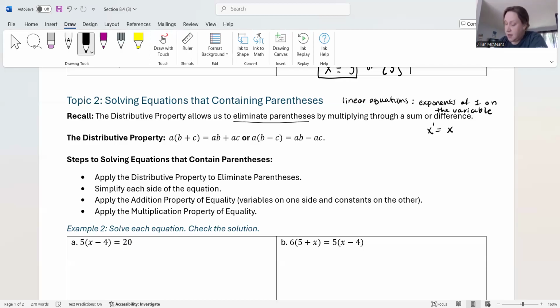So we could take this A, multiply it by B, take the same A, multiply it by C. So A times B plus C in parentheses is the same thing as just A times B plus A times C. And then over here, I'm just saying, hey, the same thing works with subtraction. If you have A times B minus C in parentheses, that is A times B minus A times C, okay?